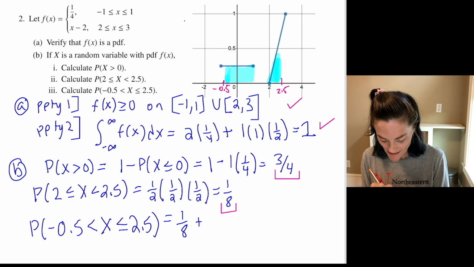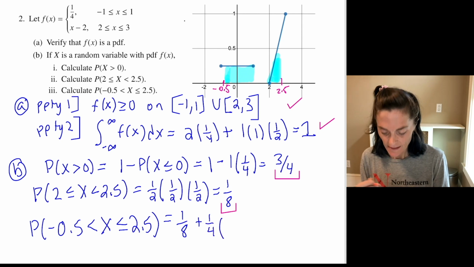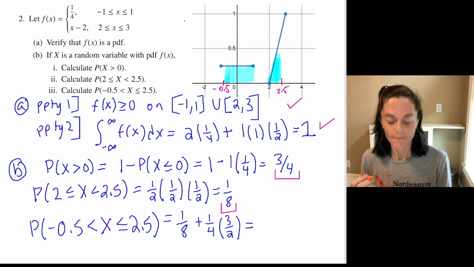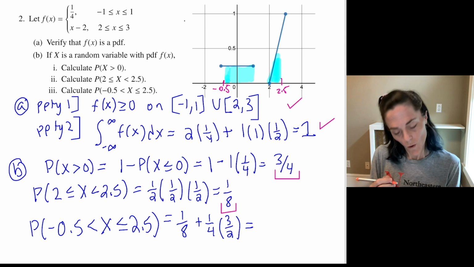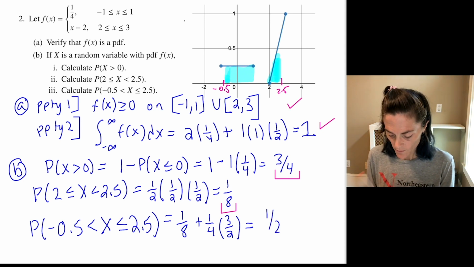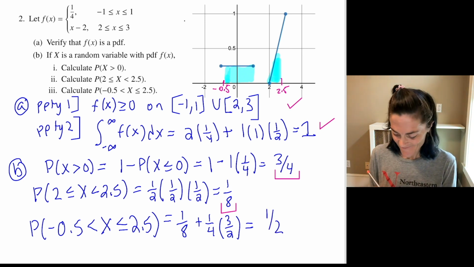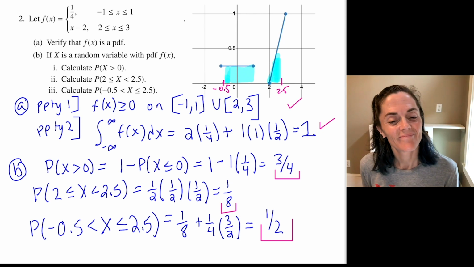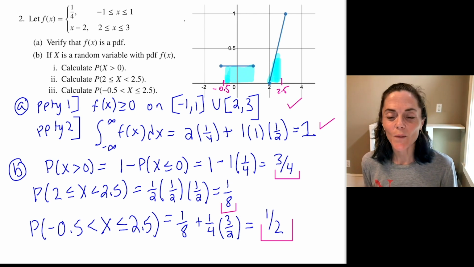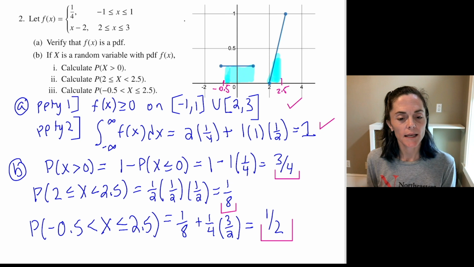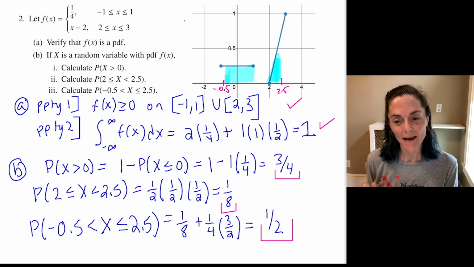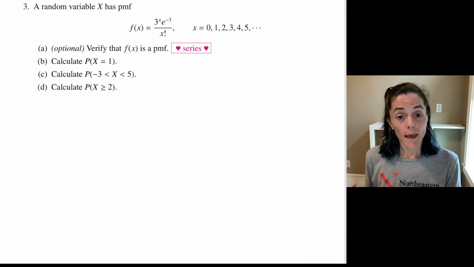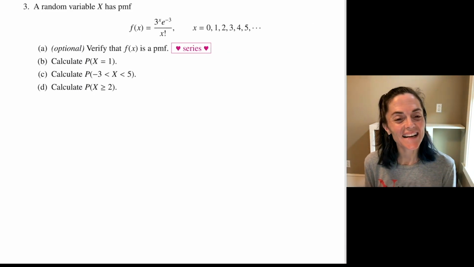So we have plus height times, this is 3/2. This is 3/8. So we have 3/8 and 1/8, 4/8, or we can write it as 1/2. I like this question. We had to think geometrically here, or at least the easiest way to go about this was thinking geometrically. Okay, next one.